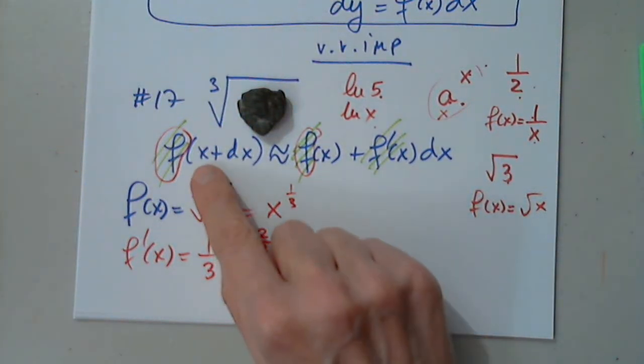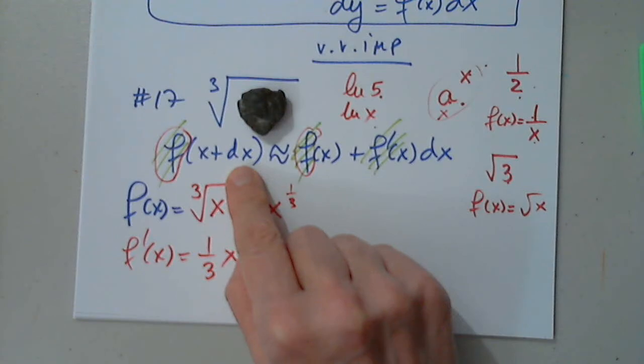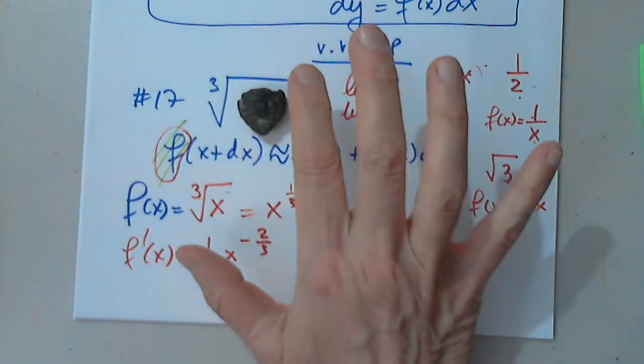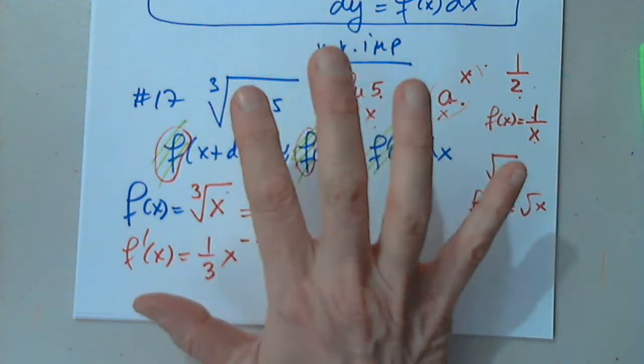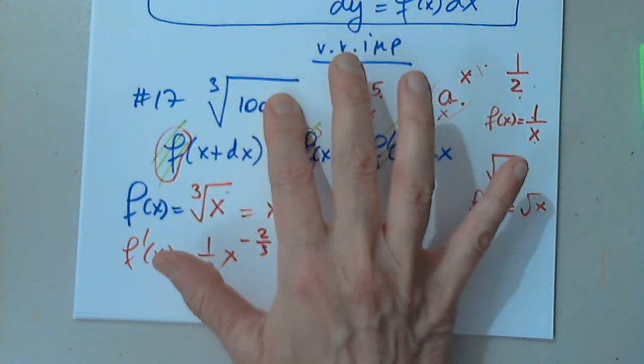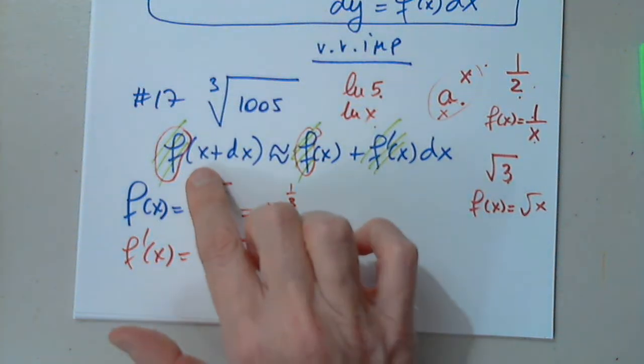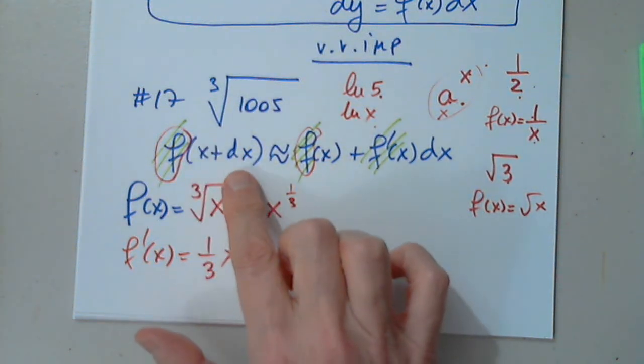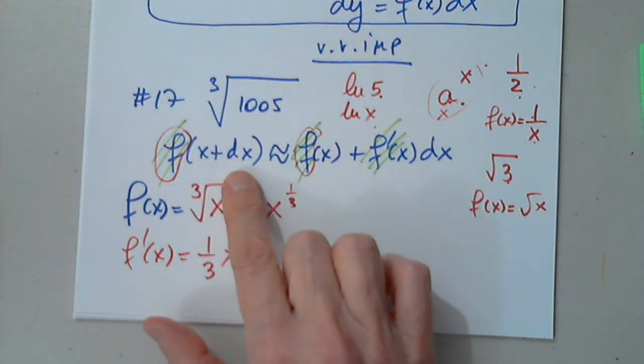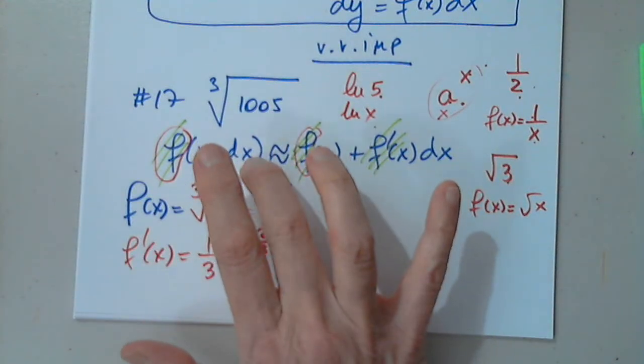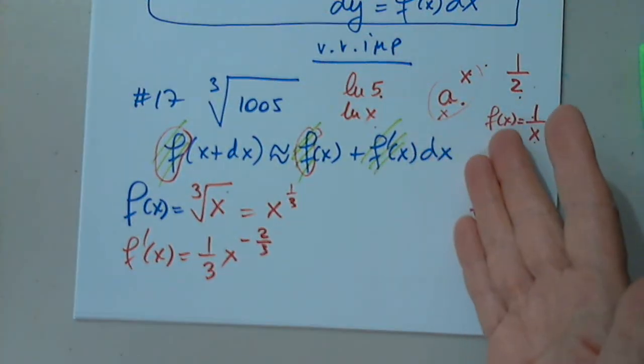I have to identify x and the little bit of error. Okay, so now let's see. Looking at 1,005, what do you think is x? And what do you think is the little bit of error? Once I identify these two, I'm done.